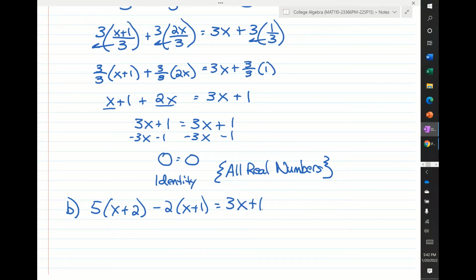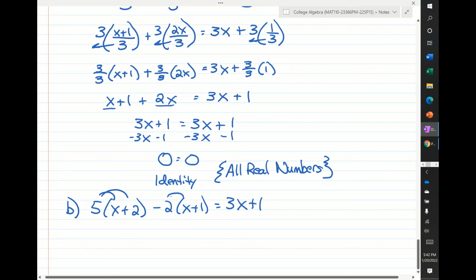Like before, we see parentheses, we'll distribute the 5, distribute the negative 2. 5x plus 10 minus 2x minus 2 equal to 3x plus 1.